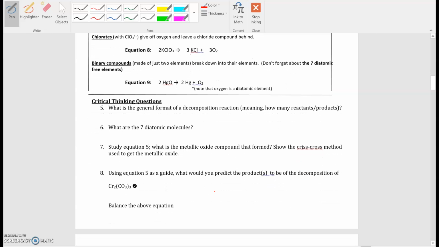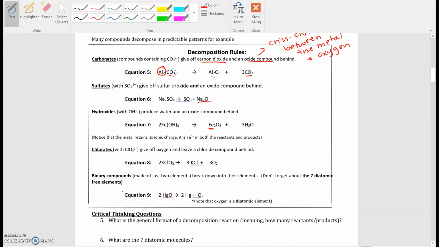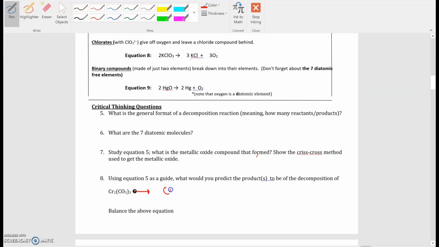So here, you notice that we have chromium 3 carbonate. Okay, so a carbonate, if I look back at my list, gives off carbon dioxide and an oxide compound. So I know CO2 is one of my products, and then plus the oxide compound.